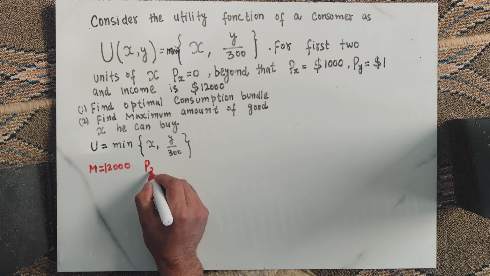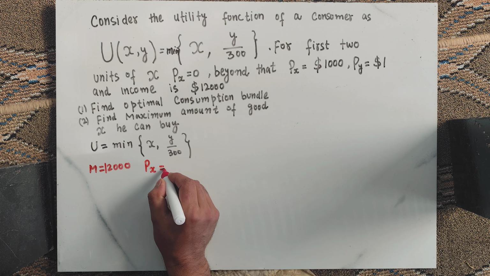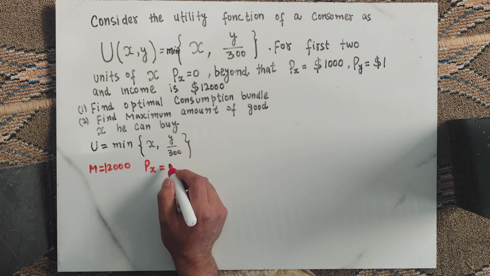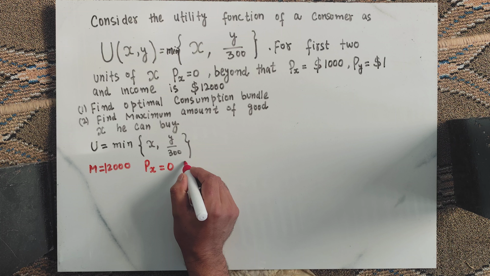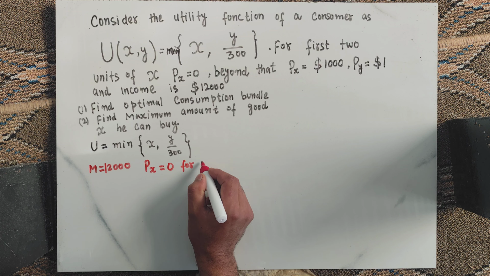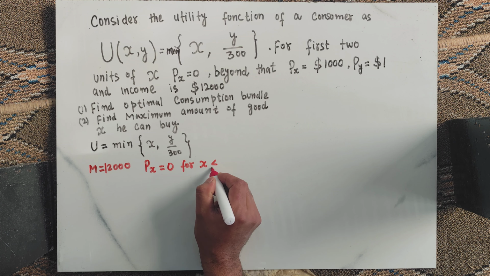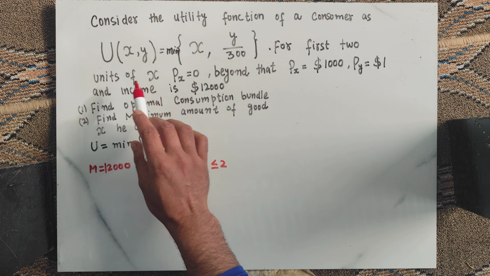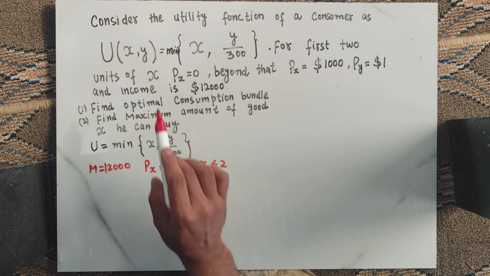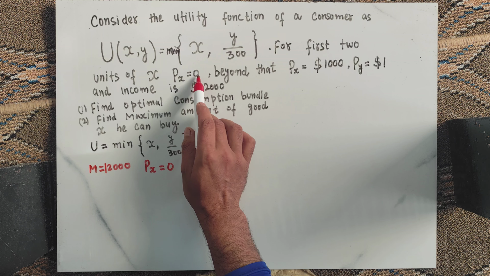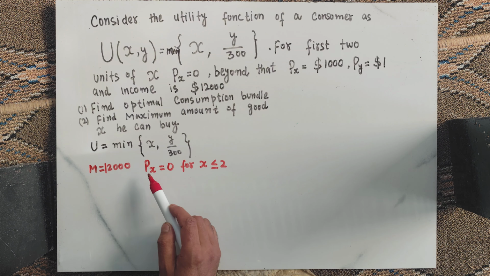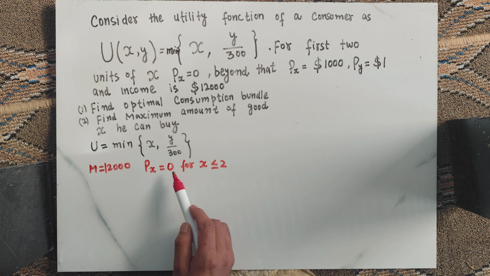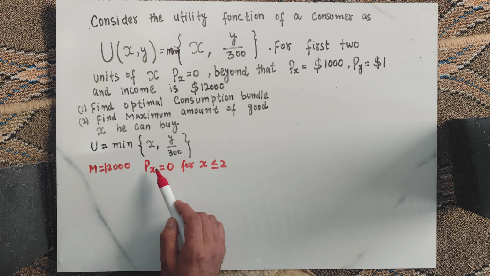Price of good x is equal to 0 for x less than or equal to 2. We are being told that for the first two units of x, the price of good x is 0. That is, the price of x is 0 if x is less than or equal to 2. This is what is meant by this statement.